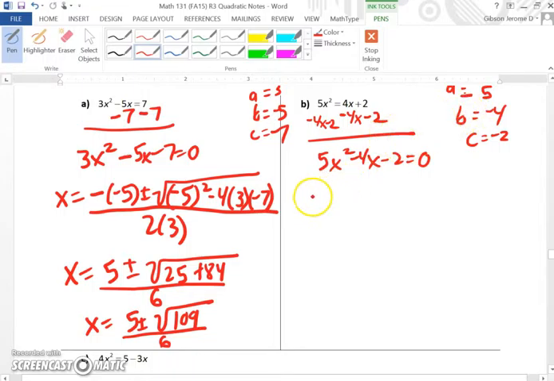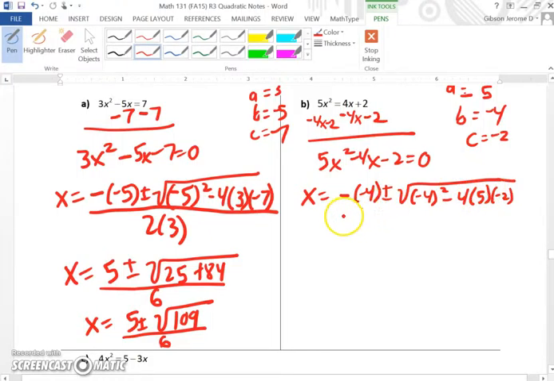So now we will have x is equal to the opposite of negative 4 plus or minus the square root of b squared, which would be negative 4 squared, minus 4 times A is 5, and C is negative 2. All over 2 times 5.